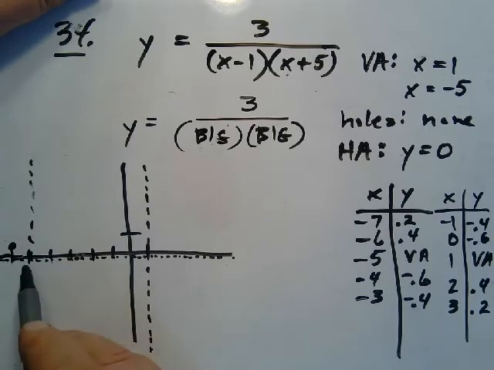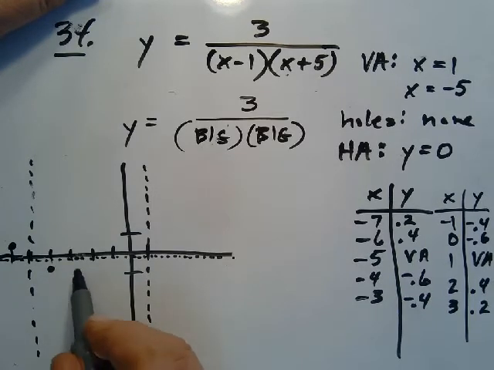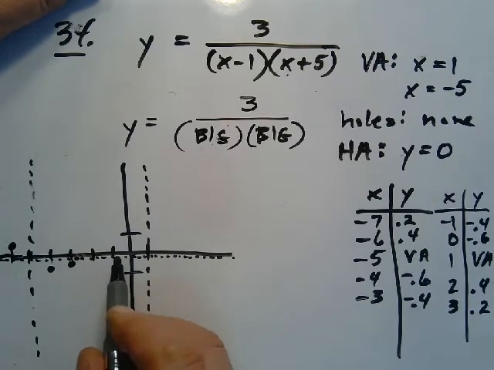Negative 5 is my vertical asymptote. Negative 4 goes to a negative 0.6. Okay, a negative 0.6. It's about here. Negative 3 goes to a negative 0.4. Right about here. Negative 2 I don't have on here, but negative 1 goes to negative 0.4.